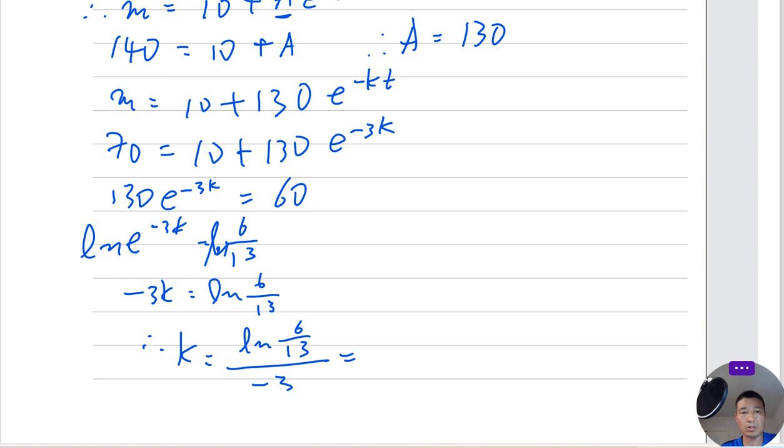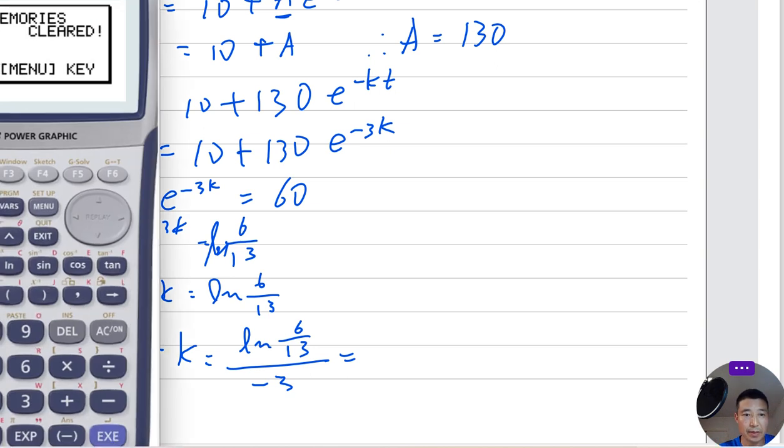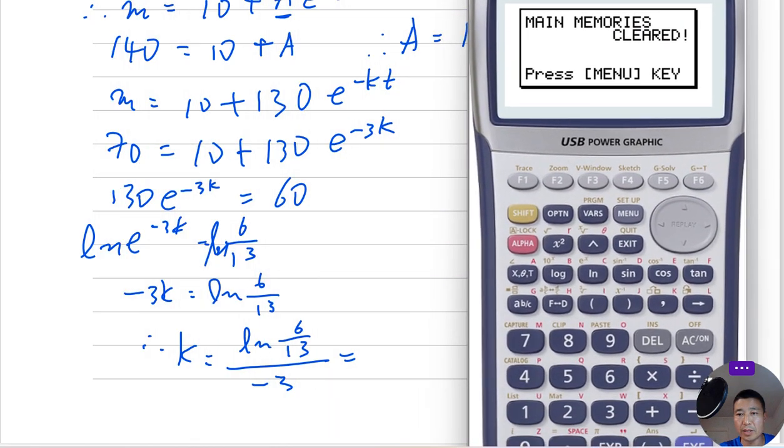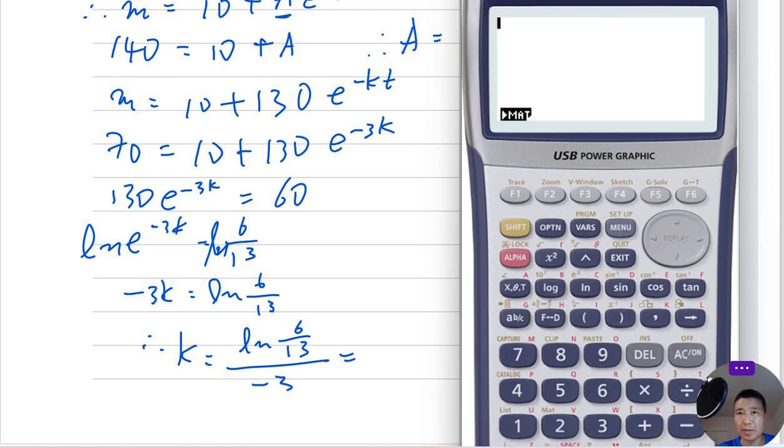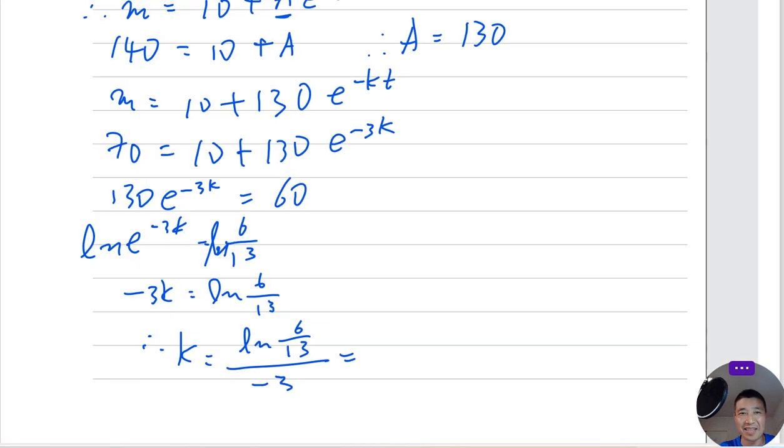So that's the moment we need a calculator. So we go natural log of 6/13 divided by negative 3 gives me 0.2578, say 0.258, right?